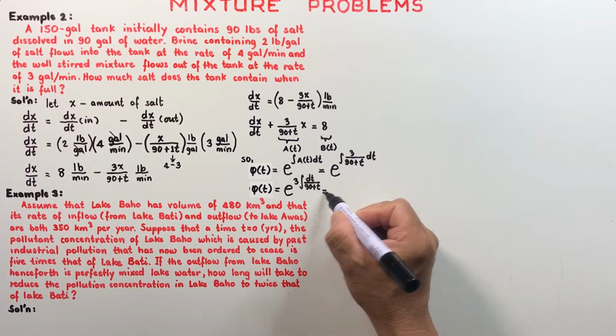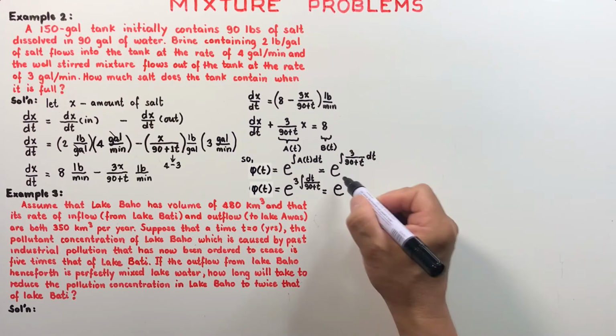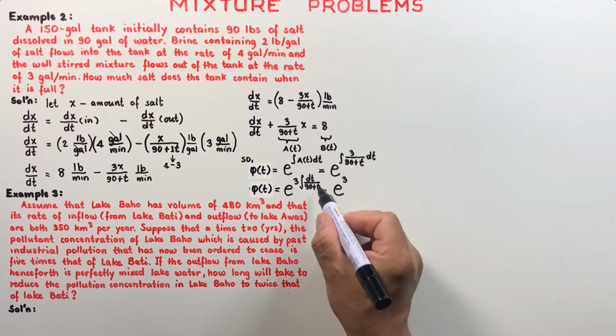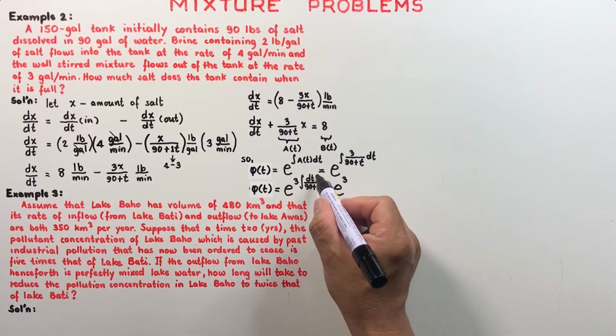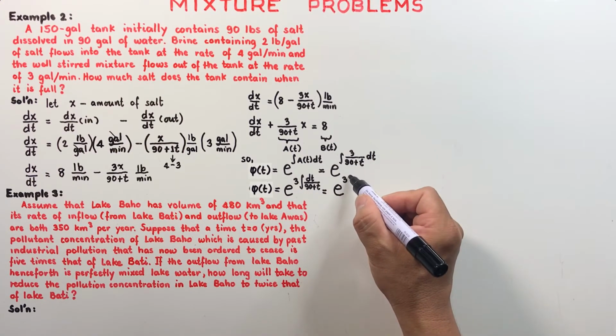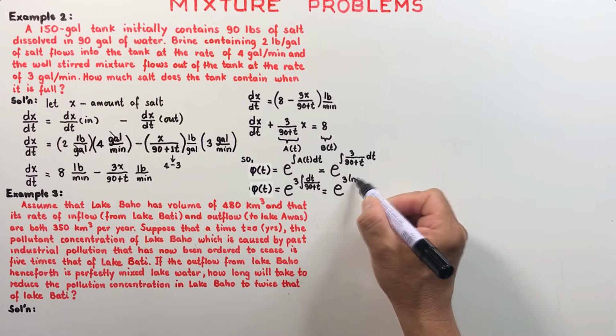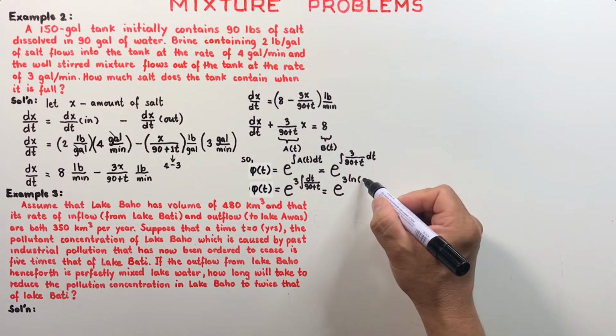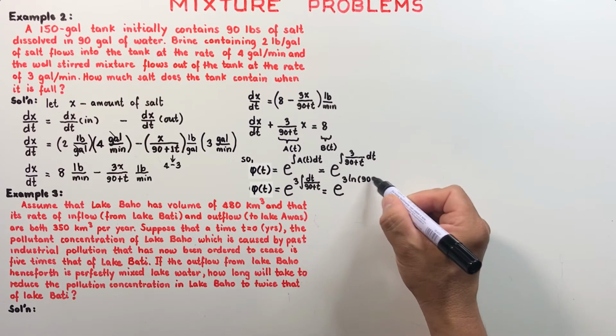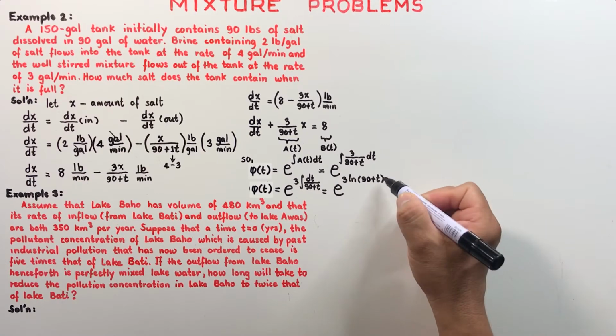We notice that this is easily integrated, because if this is our u, our du is in the numerator. So this is the integral of du over u, which is the natural log of u, which is 90 plus t.